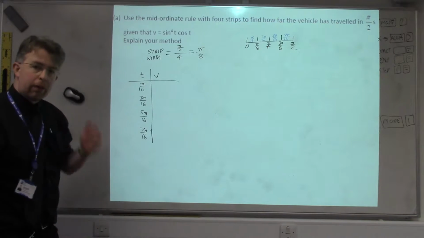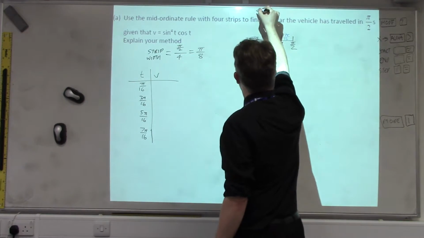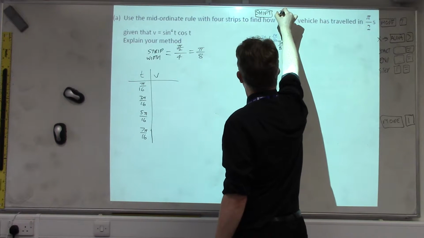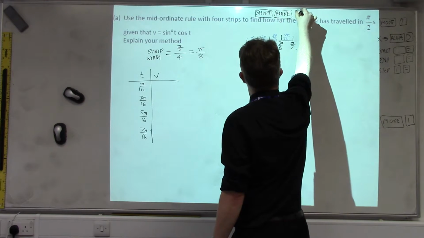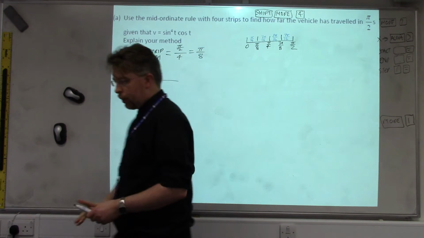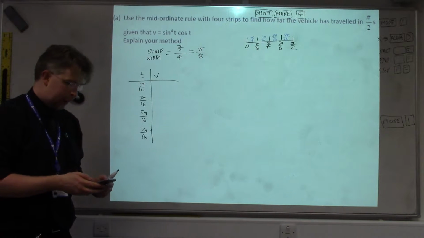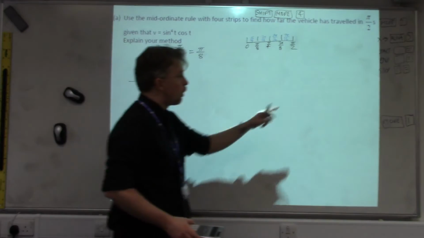Now these angles are in radians, so our calculator will need to be in radians. To do that, shift mode 4 puts our calculators in radians, and then we're doing the table mode as usual.